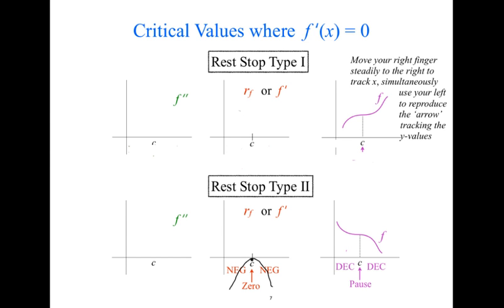Increasing and then pause and then decreasing. So that first derivative is increasing and then pause and then decreasing. And so what can we say about the second derivative, or the derivative of the first derivative?